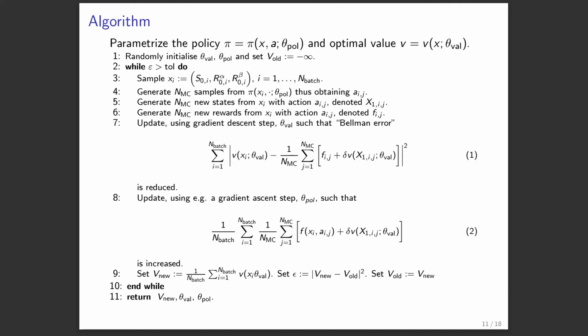And then the algorithm is fairly easy. You sample from the states of the system, you let the agent choose their strategy. You then say, okay, if I did that, how would I improve my approximation of the value function?